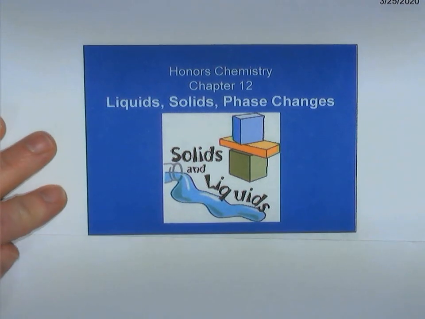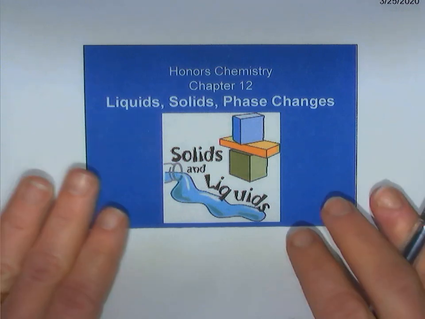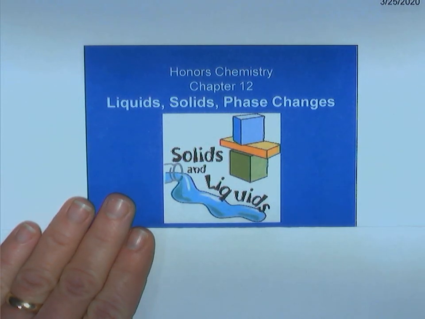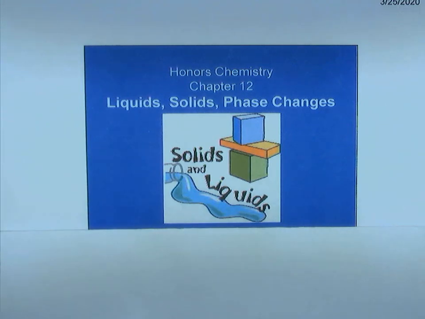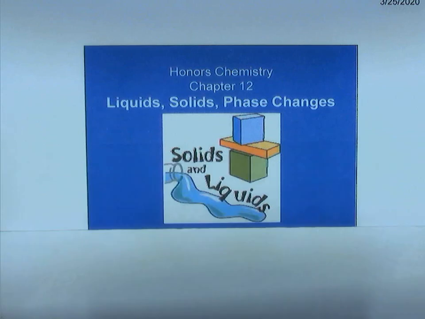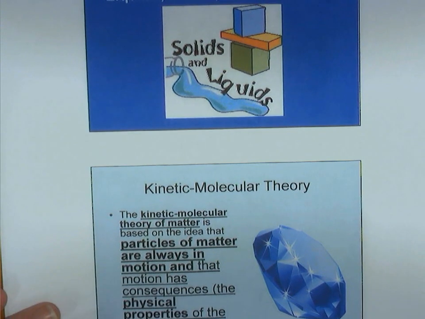So how exciting, after two chapters with gases, that we get to move on to liquids and solids. But where do we start? With the kinetic molecular theory. Remember, the kinetic molecular theory of gases was very specific.